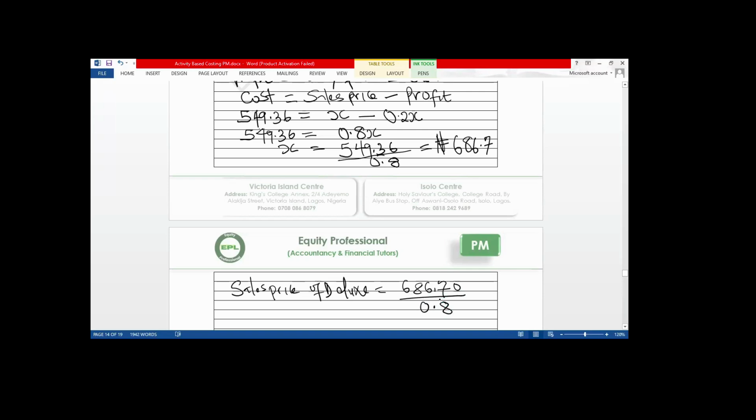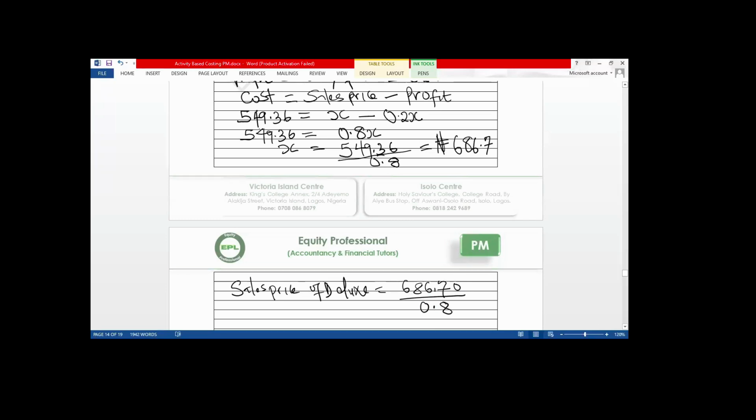If the profit is 20%, that means the cost is 80%. If I want to return 100% selling price, I will just gross up.